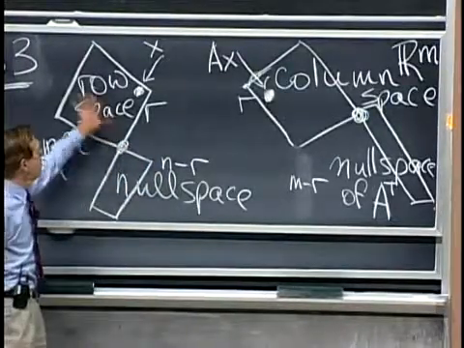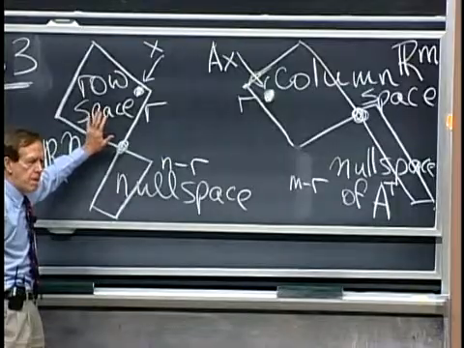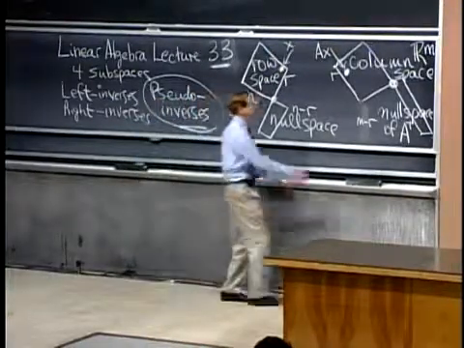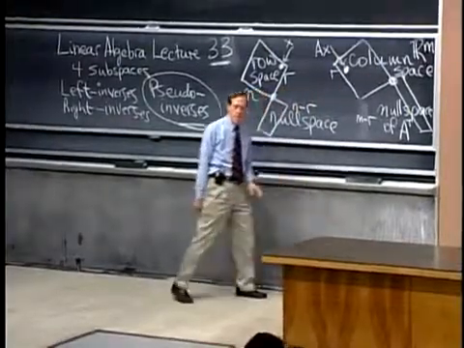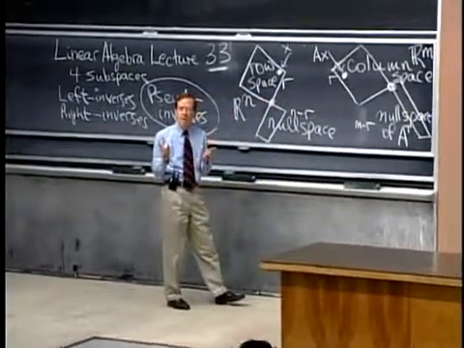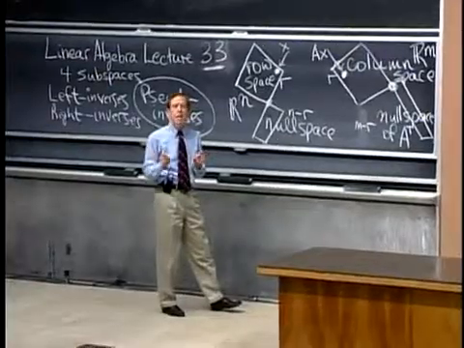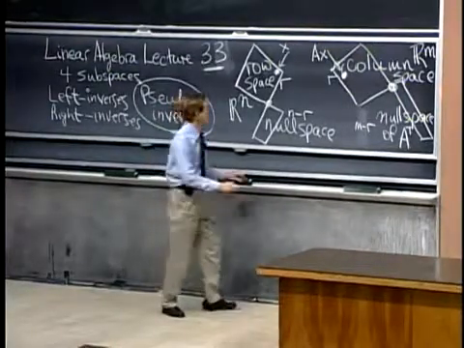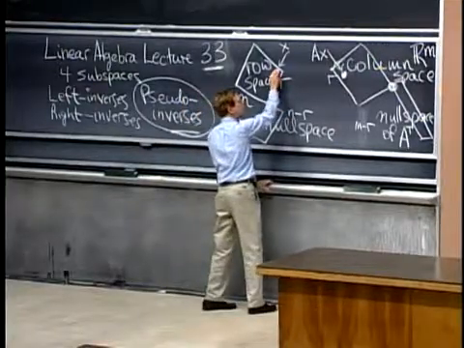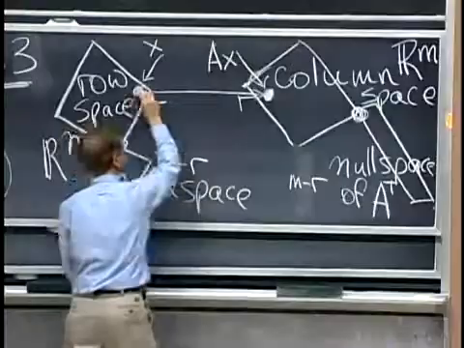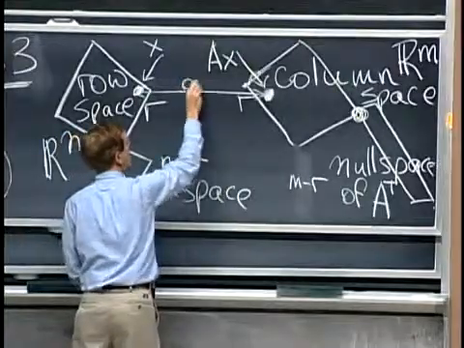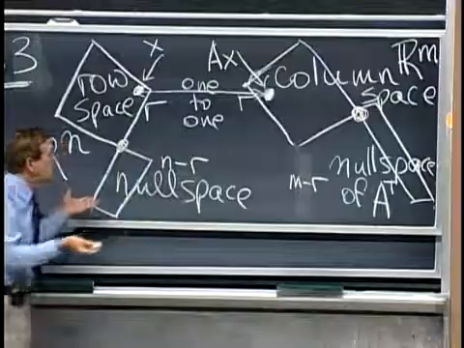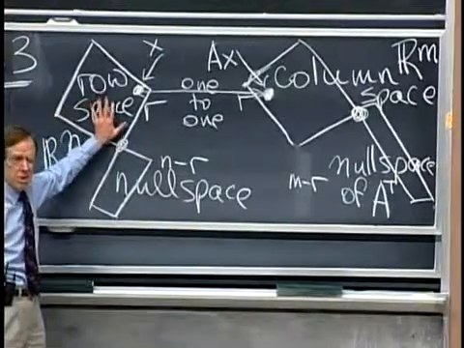So I could take all the vectors in the row space. I could multiply them all by A. I would get a bunch of vectors in the column space. And I think I'd get all the vectors in the column space just right. I think that this connection between an x in the row space and an Ax in the column space is 1-to-1. Well, look, we got a chance because they have the same dimension.